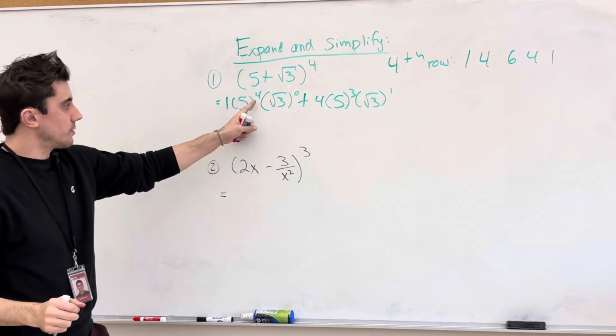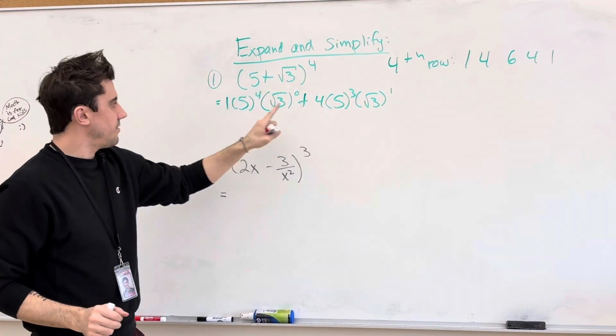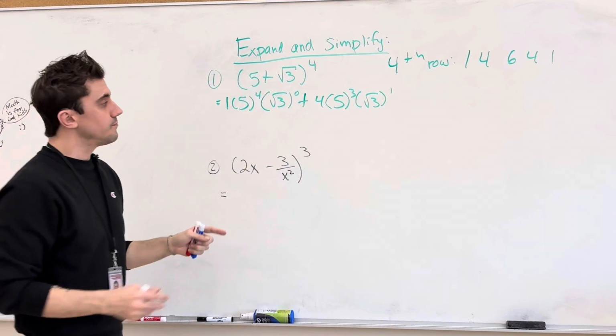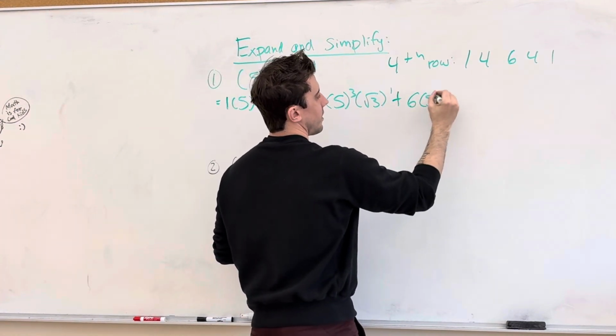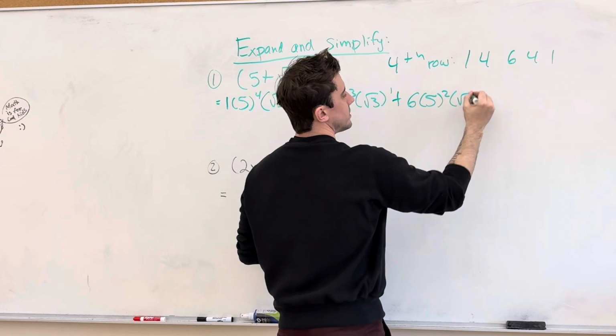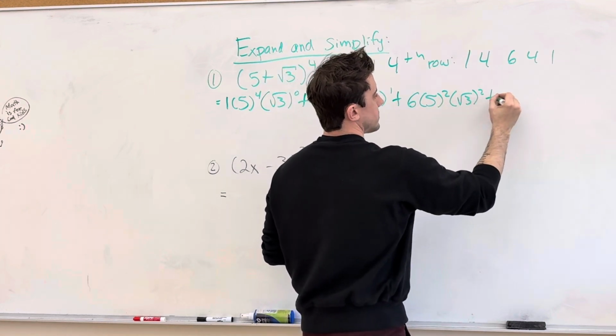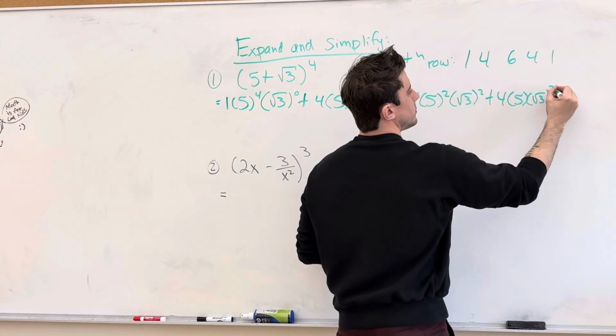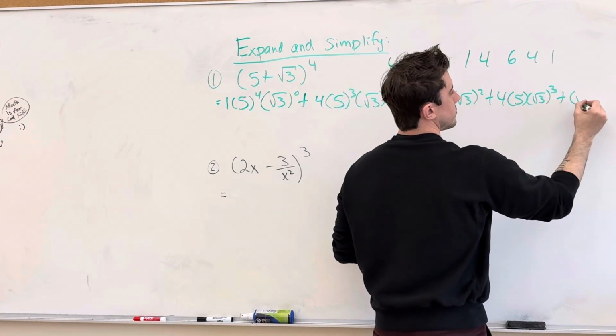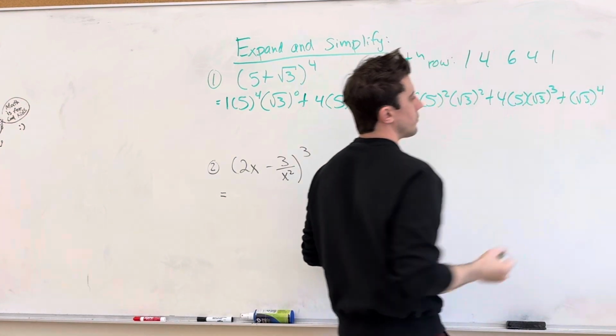You see how the exponents go down on the 5 and go up on the root 3. And so we keep going, plus 6 times 5 squared times root 3 squared, plus 4 times 5 times root 3 cubed, plus root 3 to the power of 4.